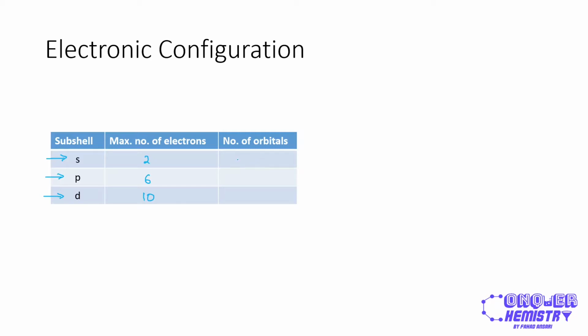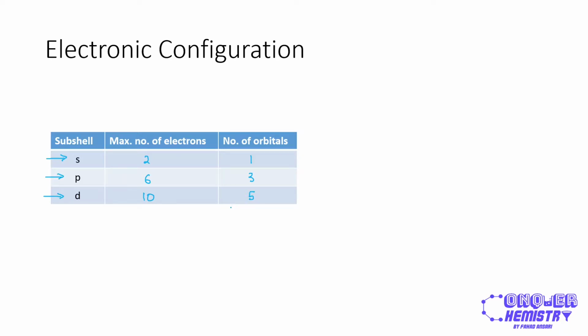So keeping that in mind, the S subshell only has 1 orbital, which holds the 2 electrons in that S subshell. And in the P subshell, we have 3 orbitals, each of which holds 2 electrons. And then we have 5 orbitals in the D subshell, each of which holds 2 electrons, to give a total of 10 electrons. So this was about subshells.